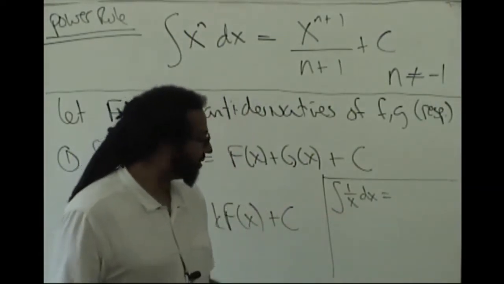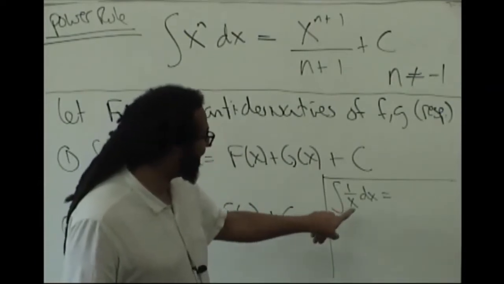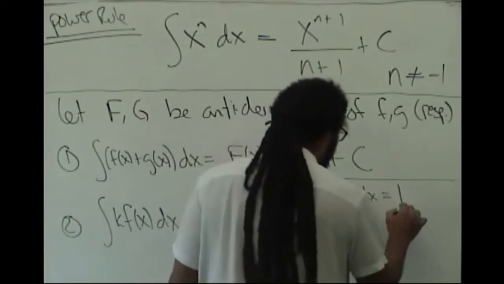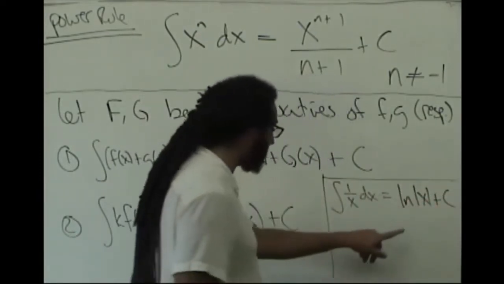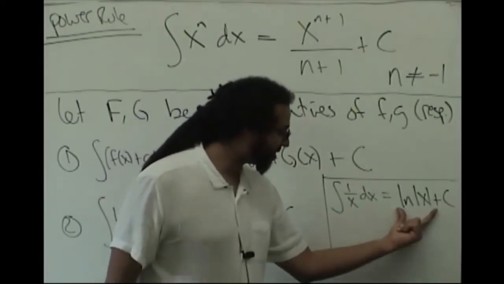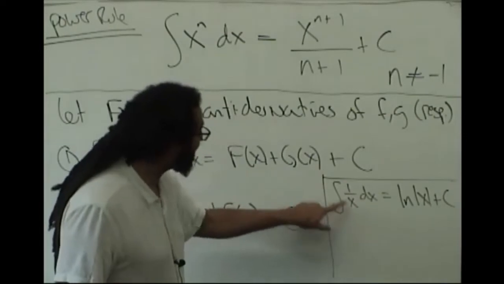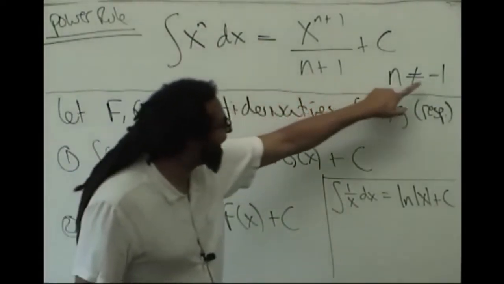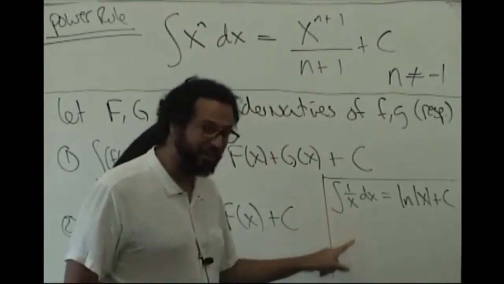If you remember your rules for differentiation, we know that the antiderivative of 1 over x is natural log of the absolute value of x plus c, because when I differentiate this thing, I'm going to get this thing. So here's the special case: this power rule works for all of the n's not equal to negative 1, and here's the rule for when n is equal to negative 1.